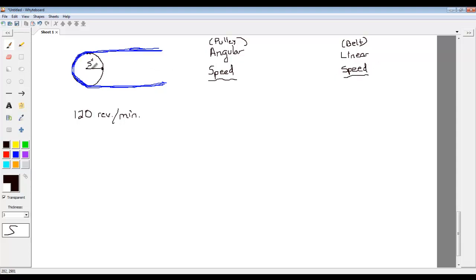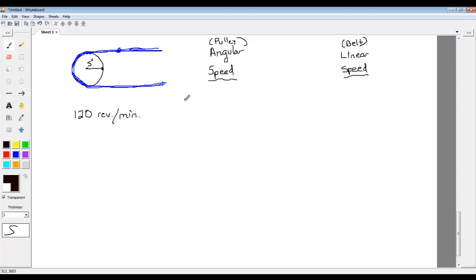So angular speed, how quickly is the angle changing here? And then linear speed, if there's a point on the belt somewhere, how quickly is it traveling along a distance on the belt? So those are the speeds we want to find.